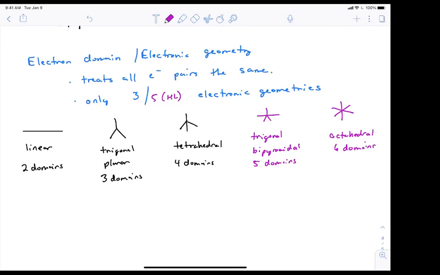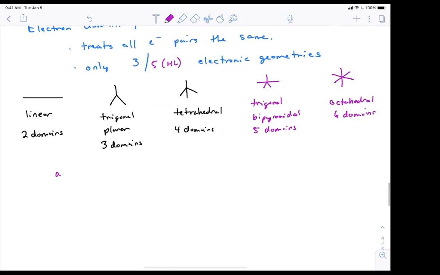Okay. So these are your only 5 or 3 electronic domains. So all you do is essentially add up lone pairs and bonding regions, and that equals your domain.